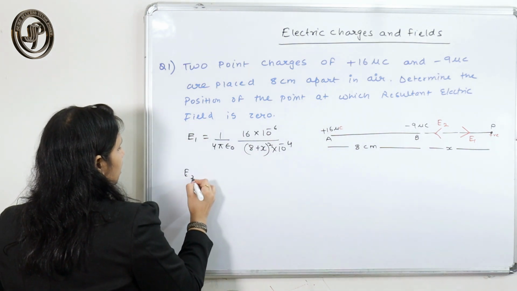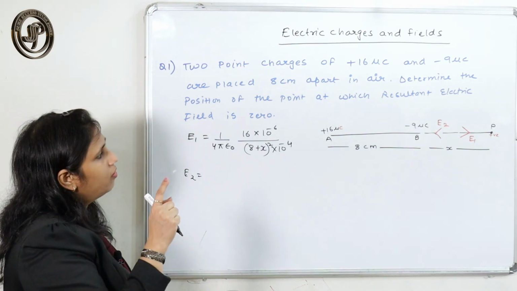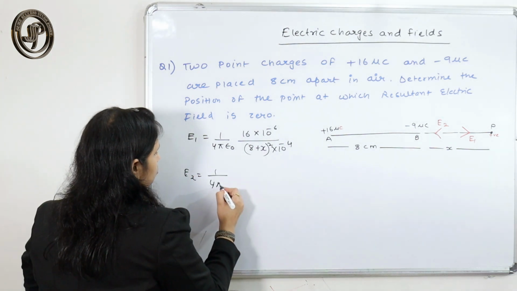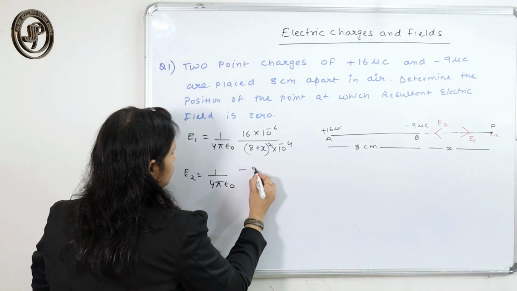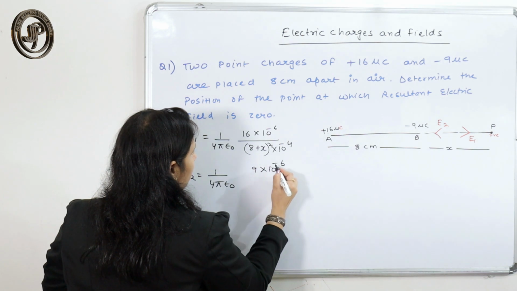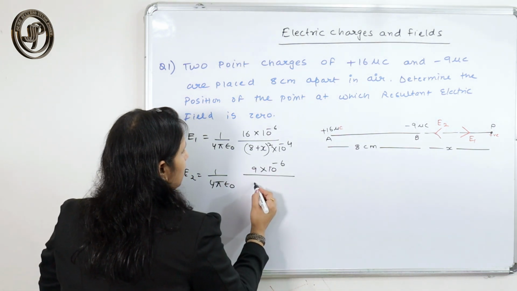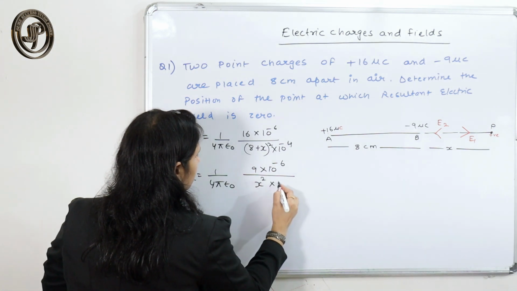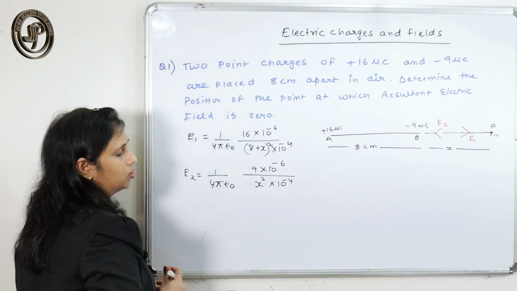And E2 is the electric field because of charge minus 9 microcoulomb, so 1 by 4 pi epsilon naught times 9 into 10 raised to power minus 6 upon x square into 10 raised to power minus 4.